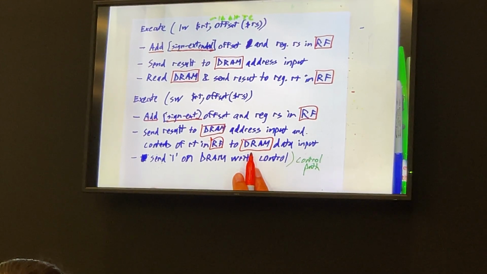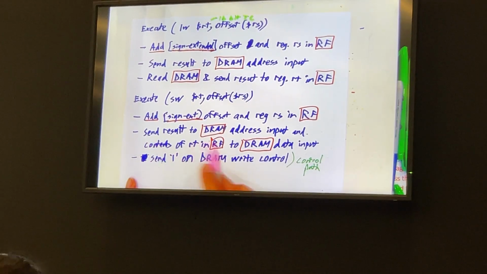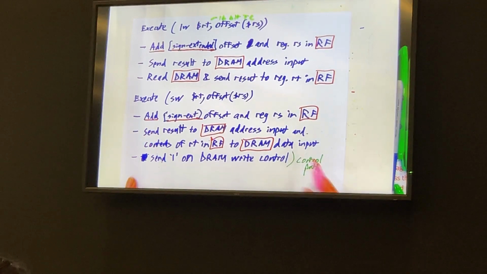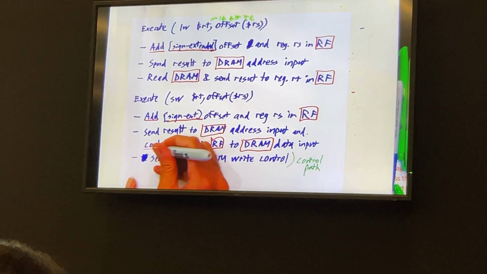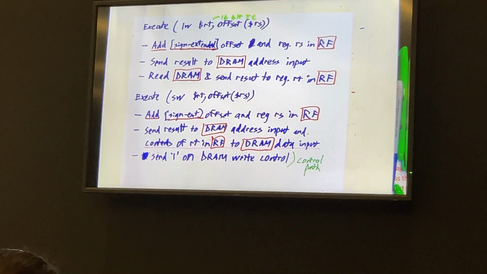So all the paths for store word already exist. All of the things that we've done in the execute have already been done, except this line. Okay? So that is what we have to add to our design.